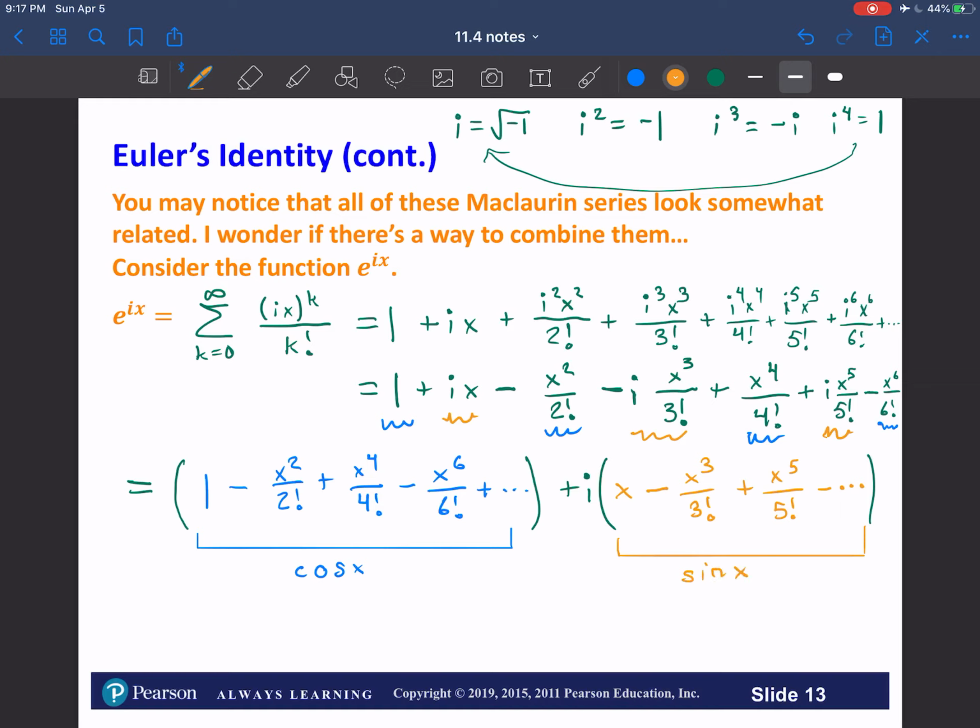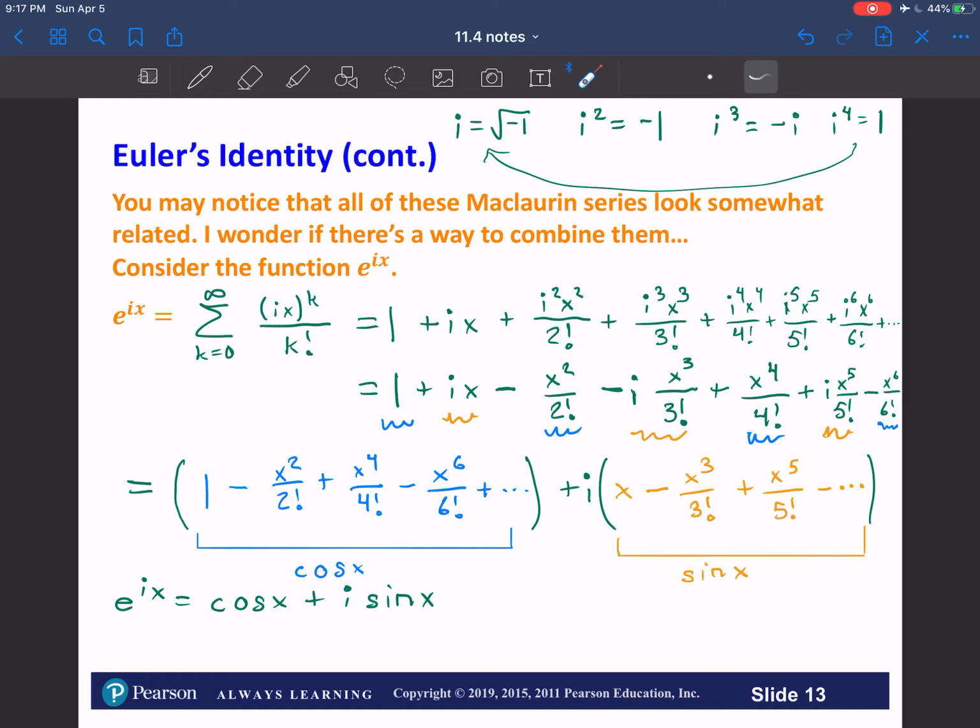And so what we have, remarkably, is that e to the ix is equal to cosine of x plus i sine of x. This is already pretty astounding that we can relate e to the ix to a cosine of x and a sine of x function.